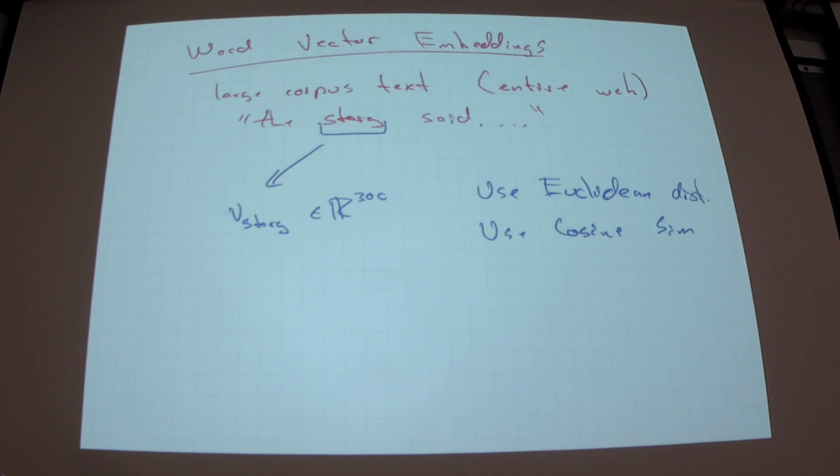These are the two natural distances or similarities that are often used in this space. If you normalize first, then you might want to use the cosine similarity. It turns out, though, that the length of the vector carries some information as well, so you might want to use the Euclidean distance instead. These are commonly what's used.